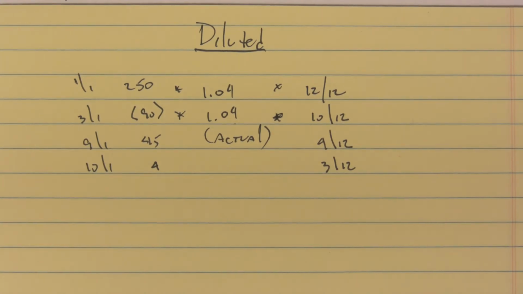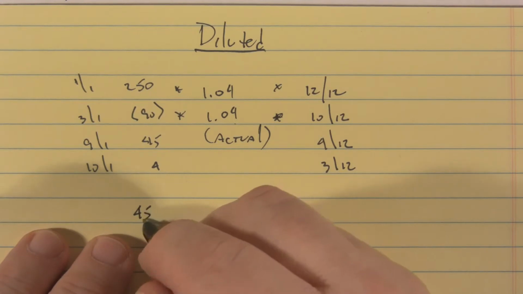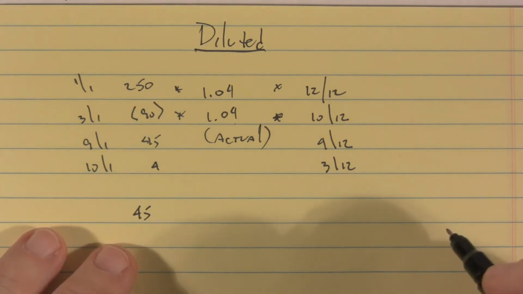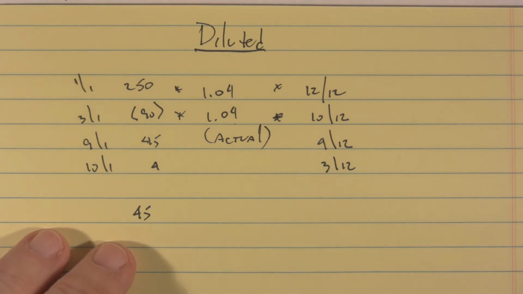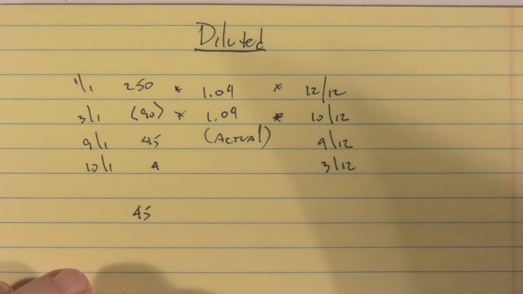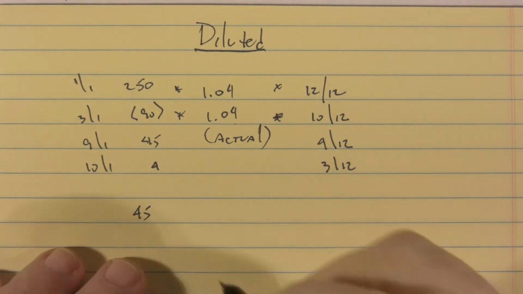So there were actually 45 million shares out there. When we did that computation, we acted as if we could buy 30 million. Remember that?